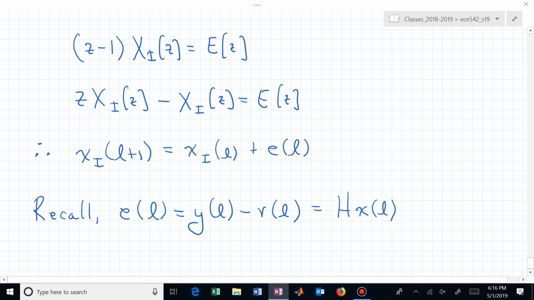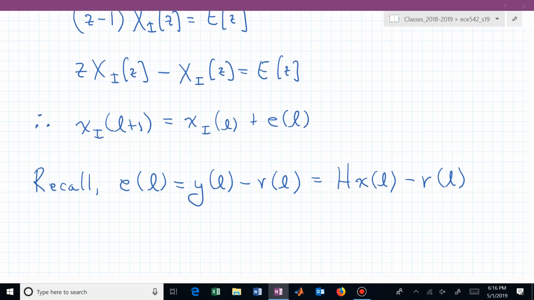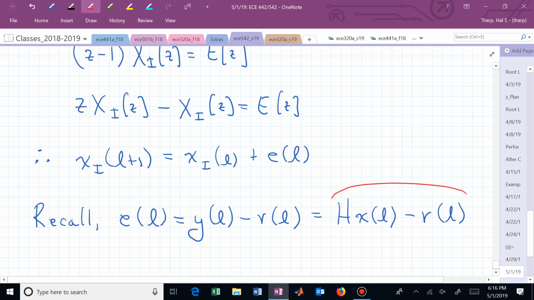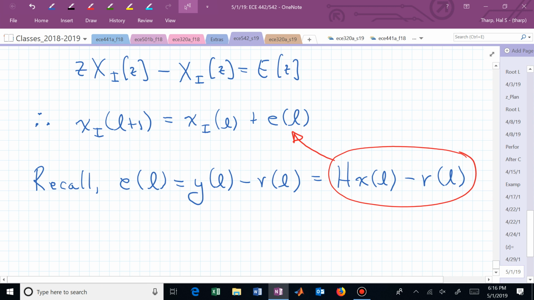That's just the output matrix H times X, minus R of L. What I want to do now is put this in there so that I have the dynamics of my integrator in terms of that state variable, x sub I, the original state x, and the reference input R. I don't want to have y included in that, and now I've eliminated y by rewriting y as Hx.